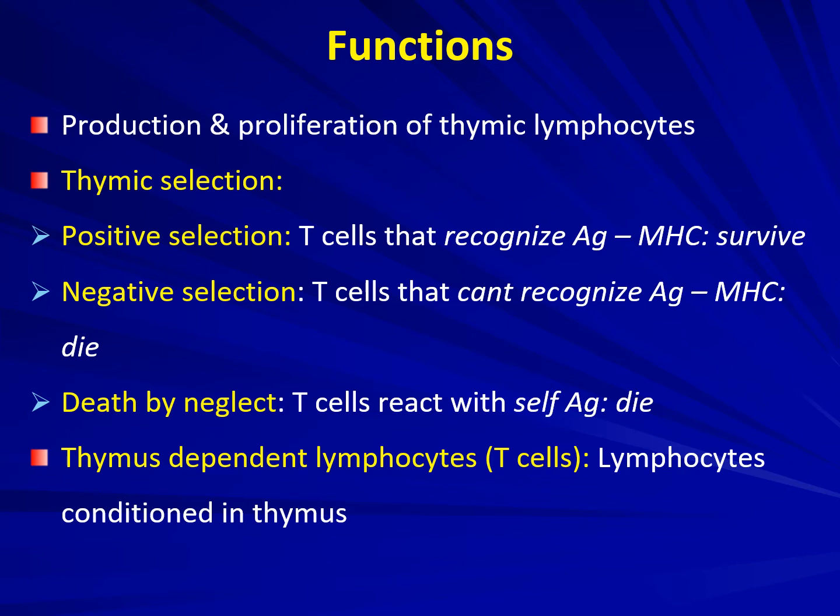We don't want such kind of T cells in our body. So those kind of T cells are also killed. So these are the three kinds of thymic selection. The same kind of selection happens even for the B cells. So what is thymus dependent lymphocytes? T cells are called T cells because the maturation is dependent on the thymus. That is, the lymphocytes are conditioned in the thymus.